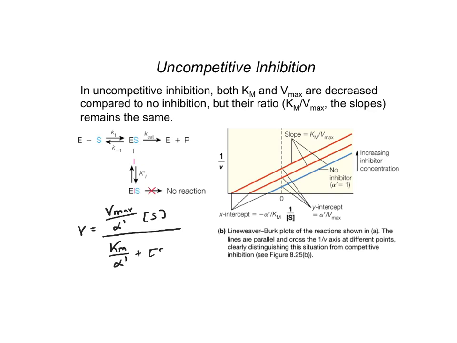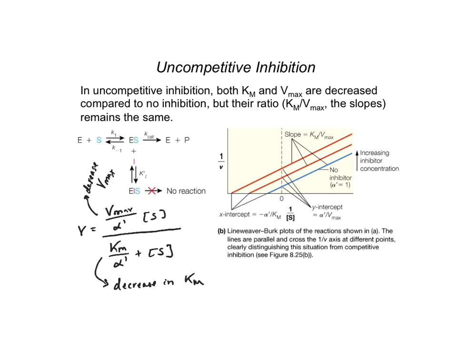So in uncompetitive inhibition, we see both a decrease in our Vmax and a decrease in our Km. But that decrease is the same for both of them. It's decreased by this exact same factor alpha prime, okay?